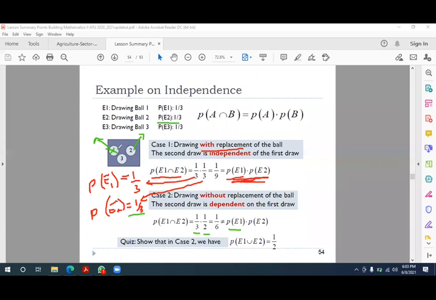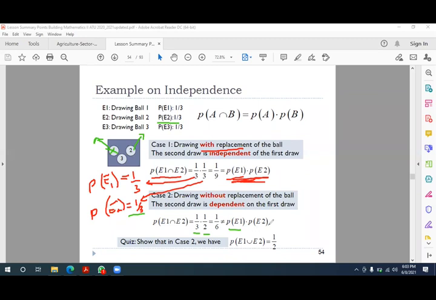Because the moment the first ball was taken out, the total number of sample points in the box, or number of balls in the box, reduced to what? 2. So it affected the probability of the second event that was what? Withdrawn from the box. So we can see a dependency case in that word experiment.